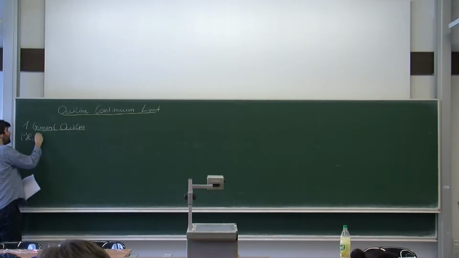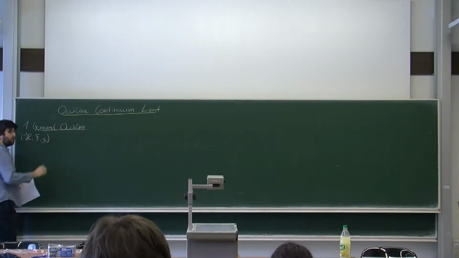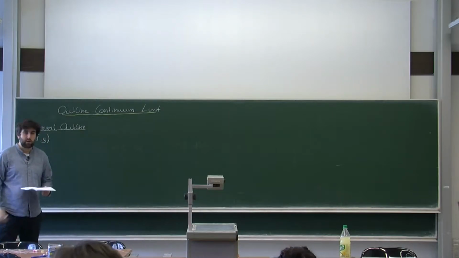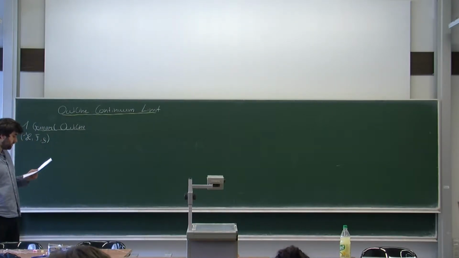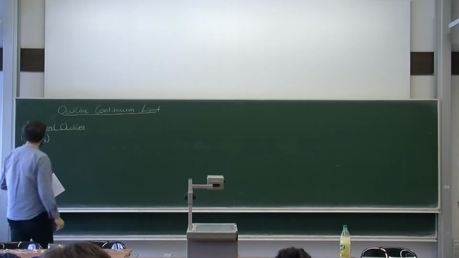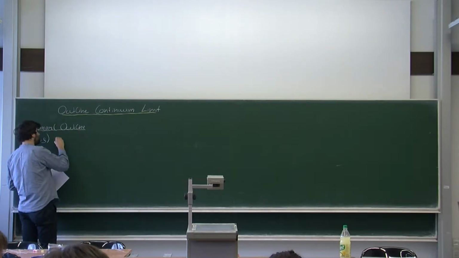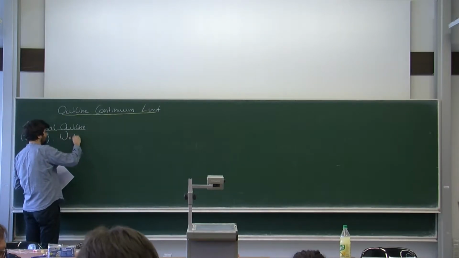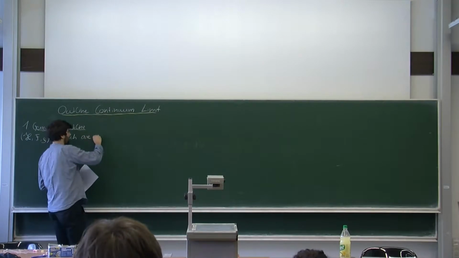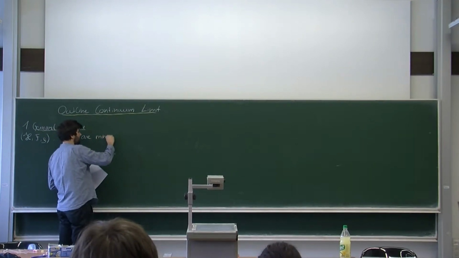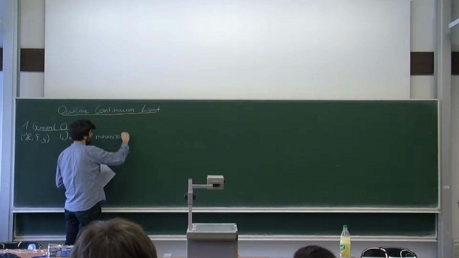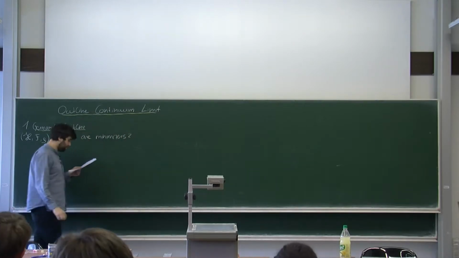We are always talking about causal Fermion systems. By now you know how they are defined, and you know a little bit about the inherent structures. And the question we're always asking is, which causal Fermion systems are minimizers?